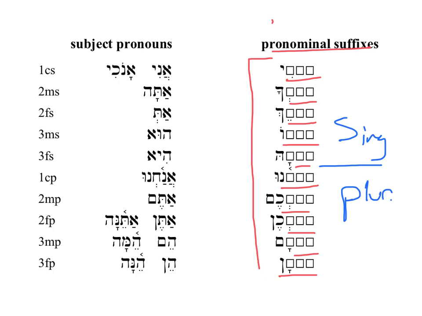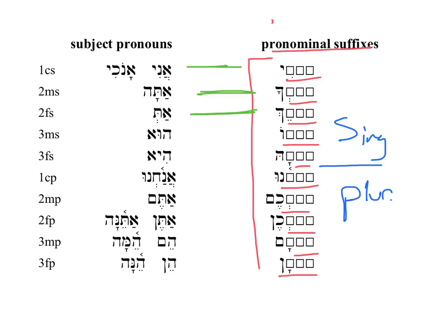Now, the other thing that you'll notice in a few cases is that there's some similarity between some of these. So, for example, you have the similar vowel sound for the second person singular subject and object pronouns, and you also have a similar ending, the E ending.